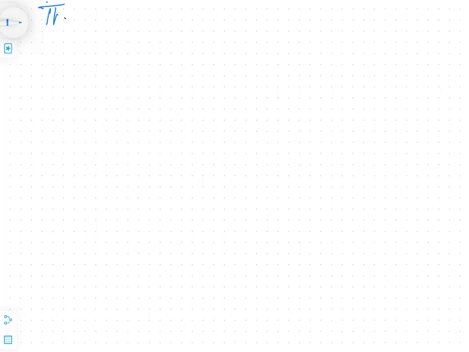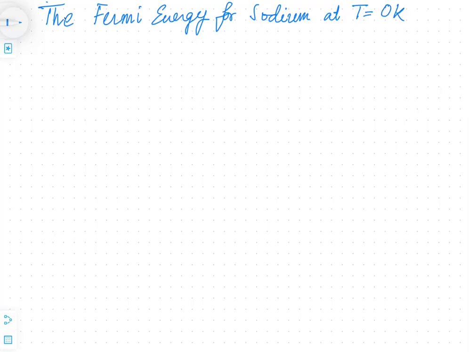So the question is: the Fermi energy for sodium at temperature 0 Kelvin is 3.1 electron volt. Calculate its value for aluminium.